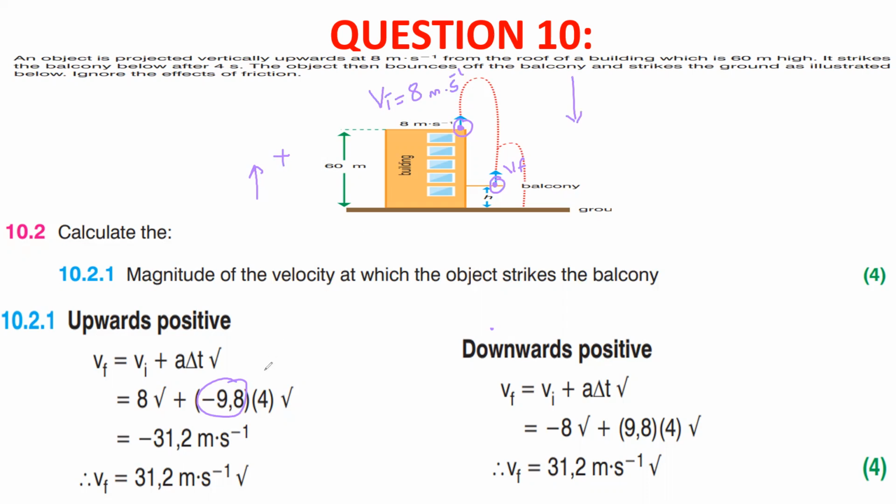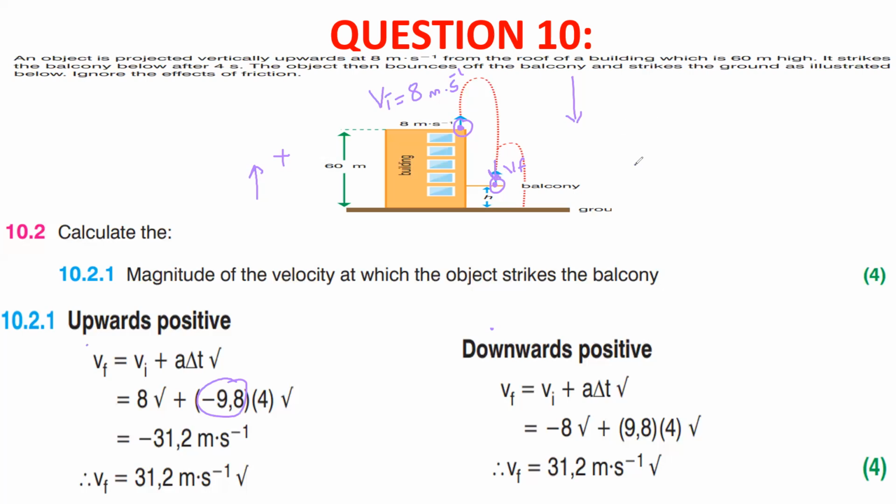So you are using negative, and then you are getting negative 31.2 using the first formula, V final equals V initial plus A times delta T. I am using these 2 points, and V final equals minus 31.2 because, as you see, finally you are going down. So direction is this way. This arrow shows you after bouncing it is going up, all right?